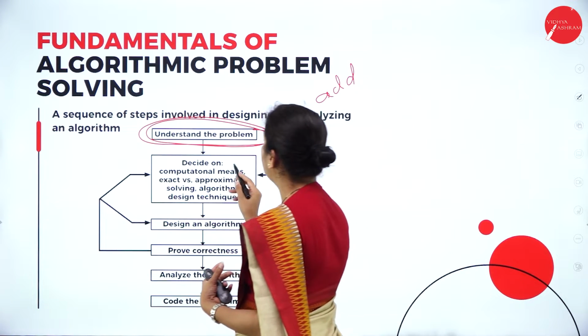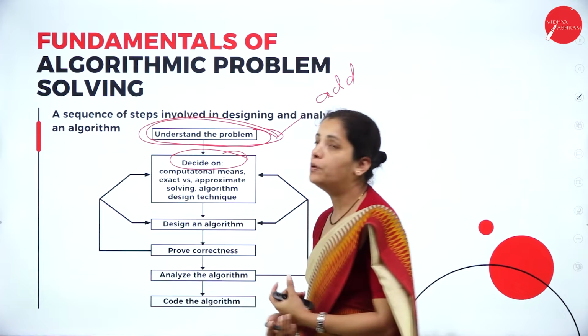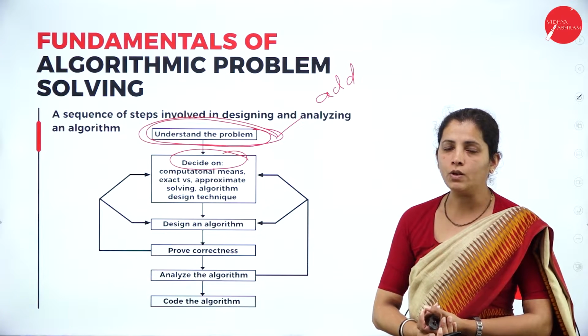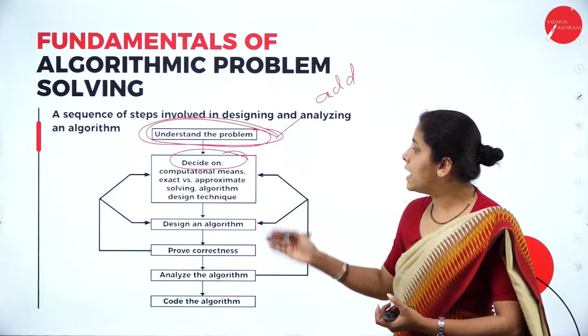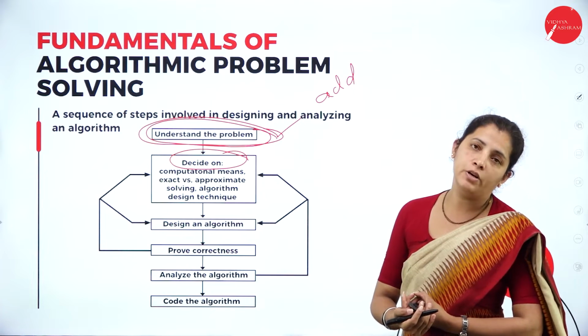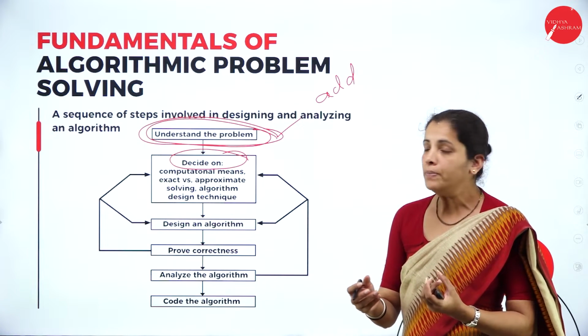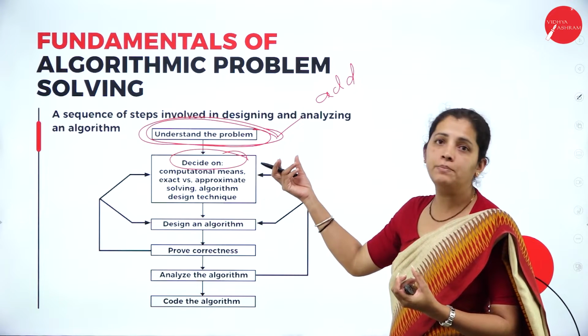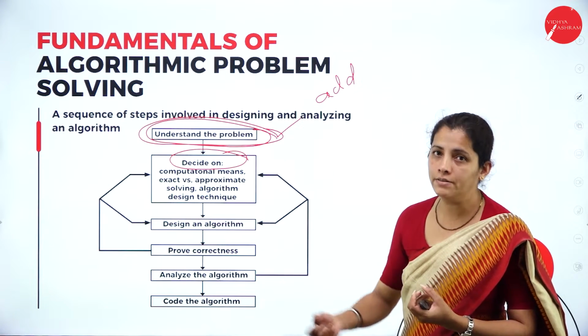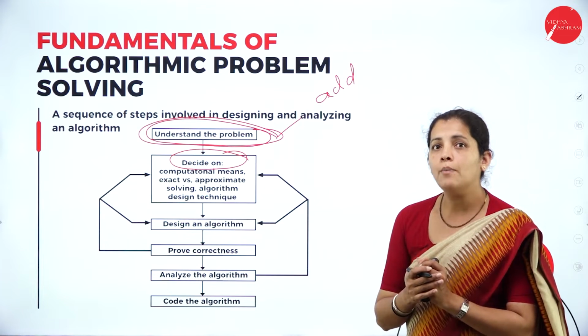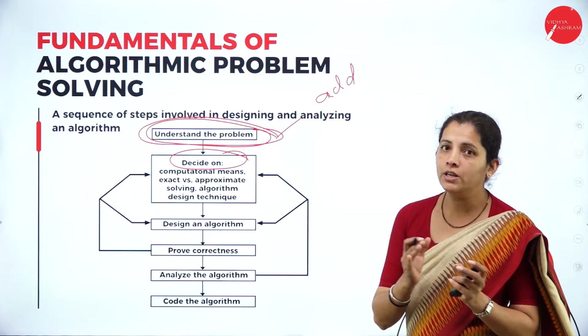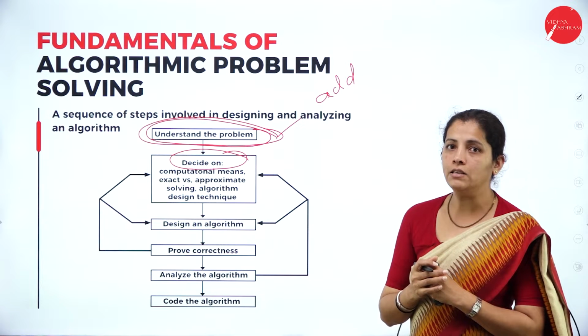After that, you have to decide on computational means. So what kind of computation? Computational means is nothing but the computational device. If I consider a computational device, I'm going to have sequential instruction and parallel instruction.